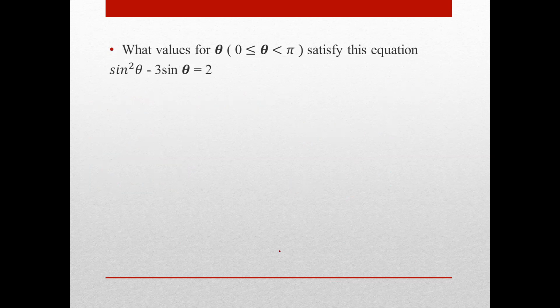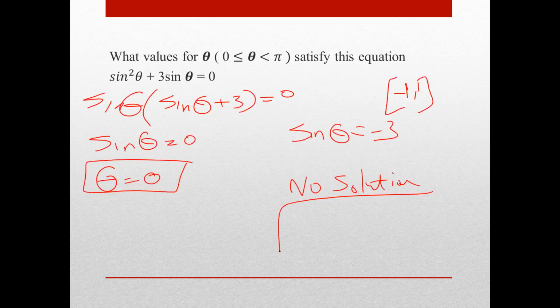Look here now. For this one, we have sine squared theta minus 3 sine theta minus 2. How can we deal with it? Here we have x squared plus bx plus c equals 0, a quadratic equation. Why would I deal with it like this? In the previous one the constant was 0, so I dealt with it as a common factor.